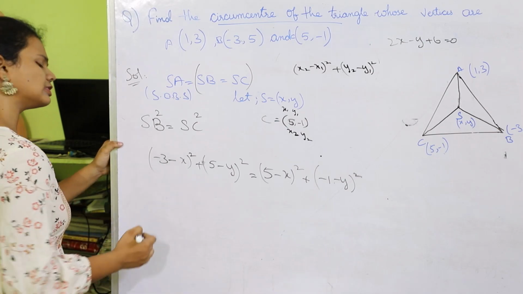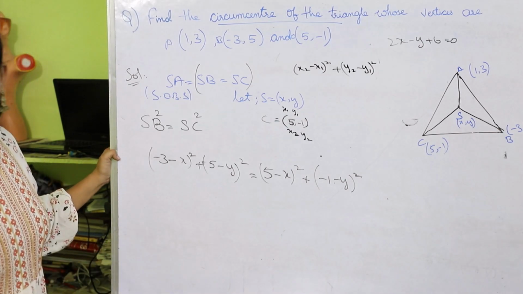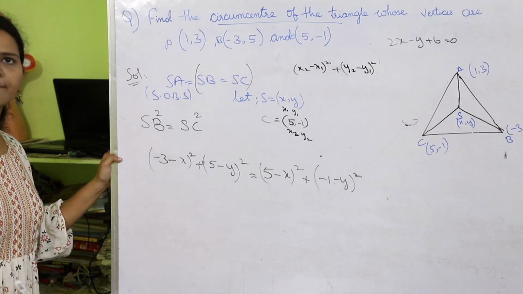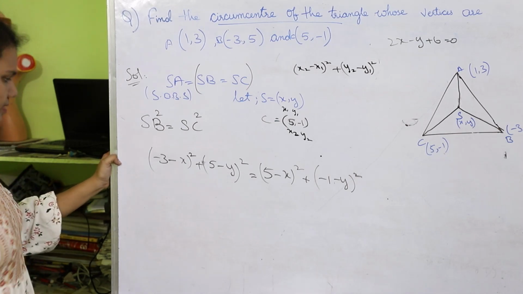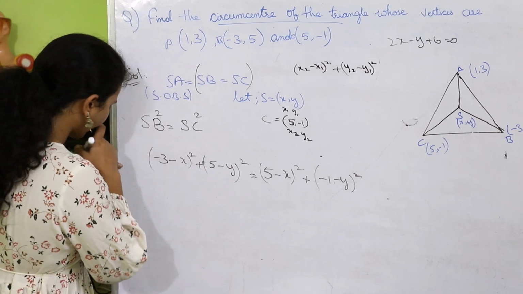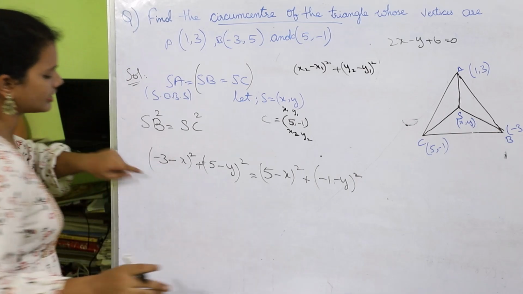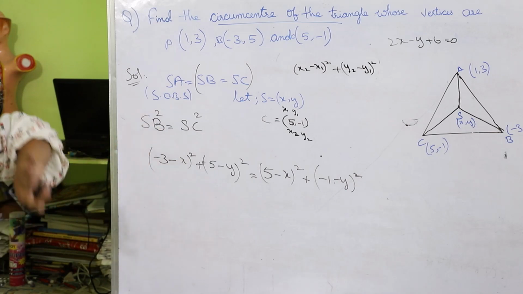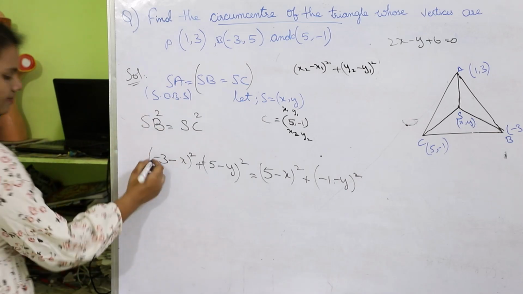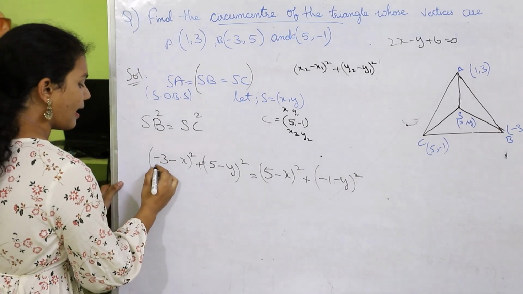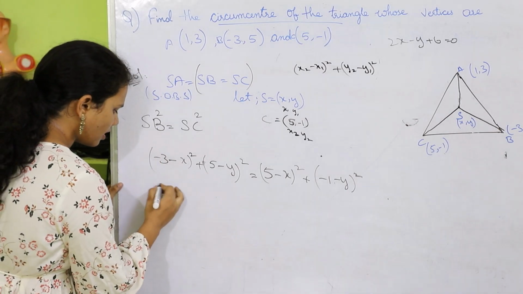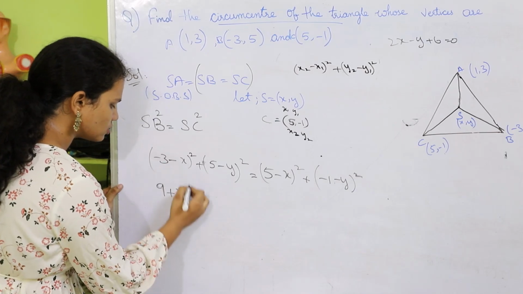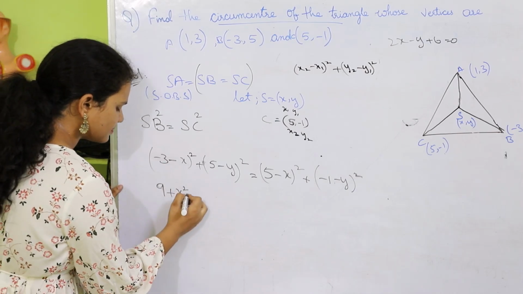Now what you do, you just take the formula as we know, a square minus b square is equal to (a plus b)(a minus b). You will be having two formulas, but here you consider (a minus b) whole square is equal to a square plus b square minus 2ab. So here you have (a minus b) whole square, a square plus b square minus 2ab.